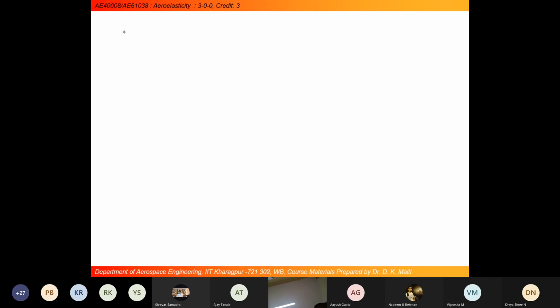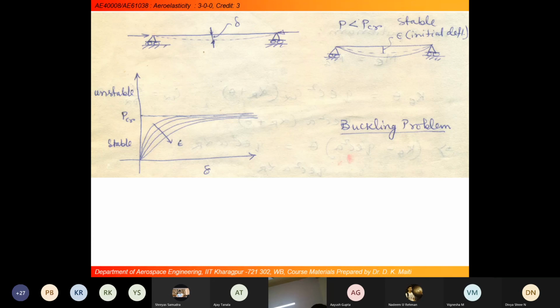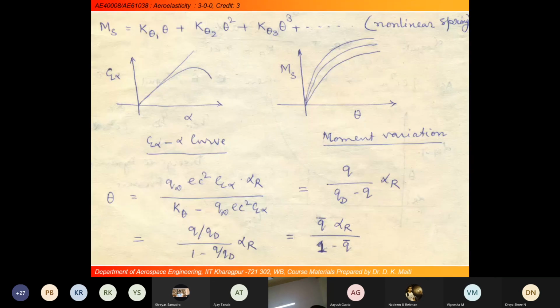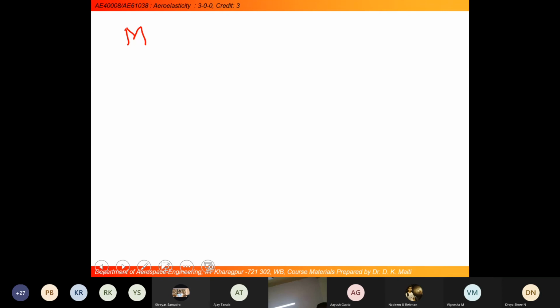See, I am taking a dynamic system, let's say m x double dot plus c x dot plus k x, and the right hand side is force f of t.